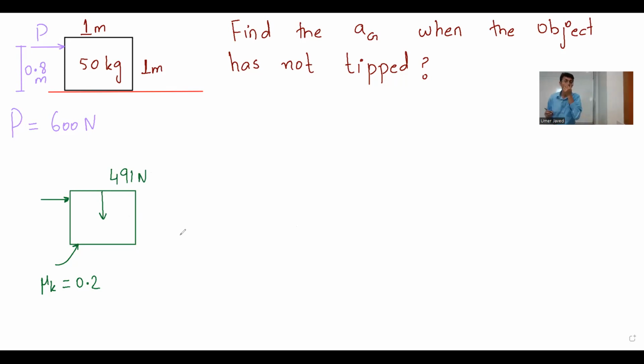So where would I put the normal? Anyone? Where can I put the normal now? I am putting the normal here. Anyone who can tell us why I put the normal here?